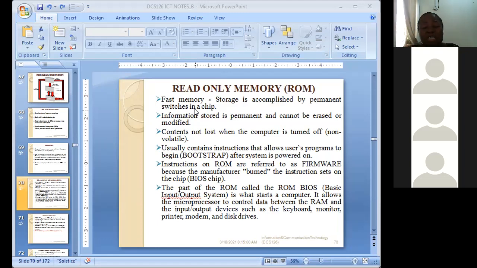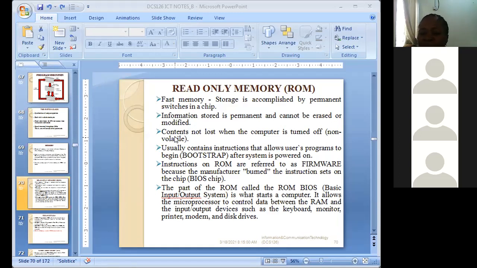I've explained what a chip is. So they are permanently hardwired. That's another word I can use. Permanent storage, okay? So whatever is stored in ROM remains in ROM. You cannot take it away, you can't delete it, you cannot add your own onto what is in ROM.